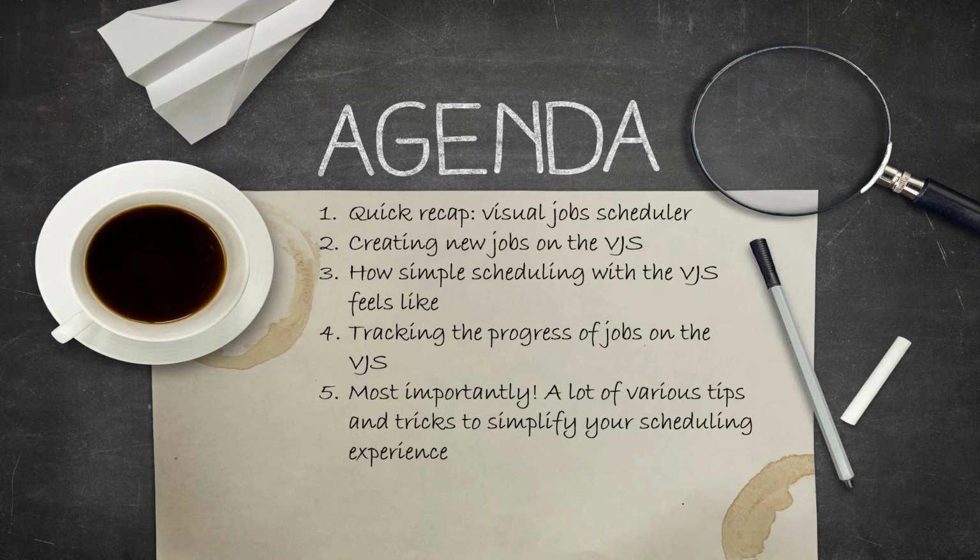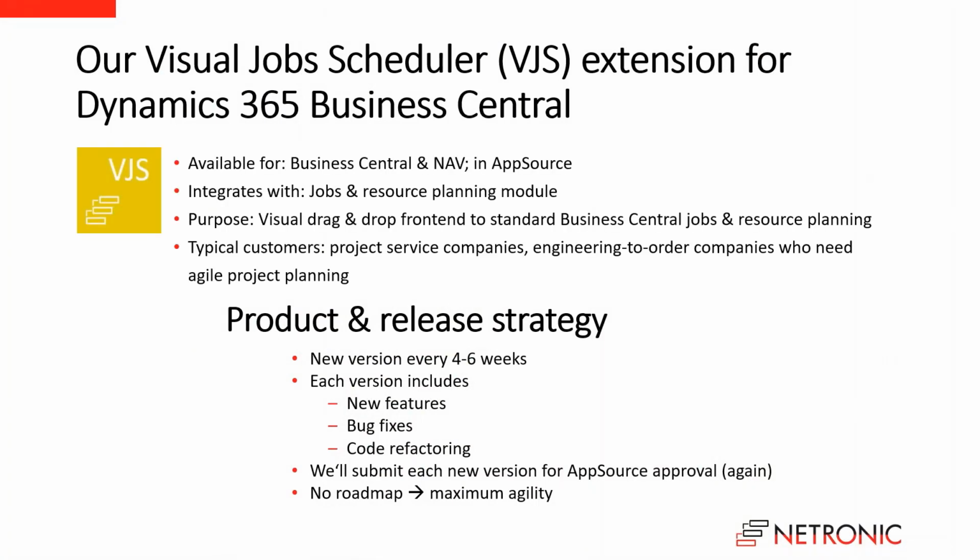And most importantly, I'll give a lot of tips and tricks on how to simplify your scheduling experience, the little subtle functionalities we've added to make the product more user-friendly.